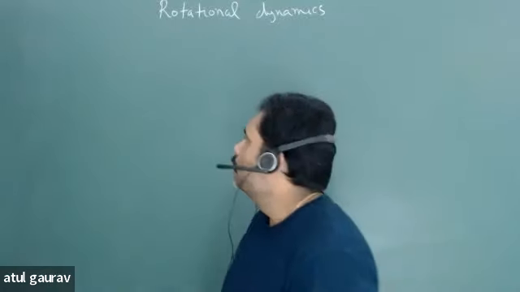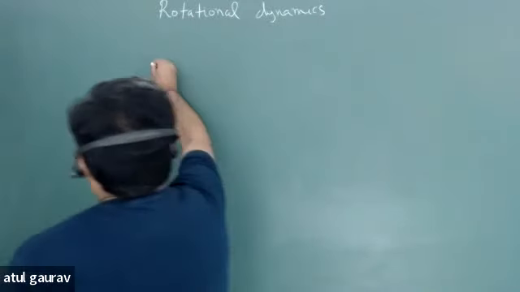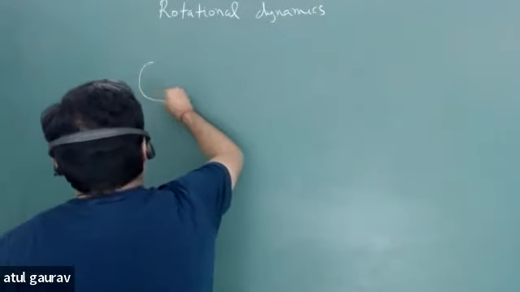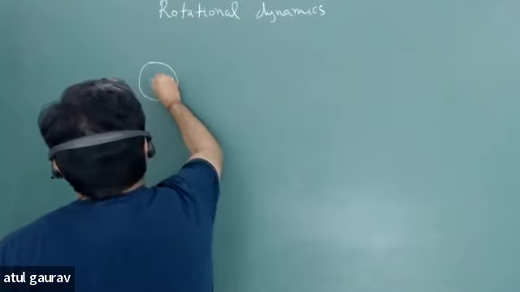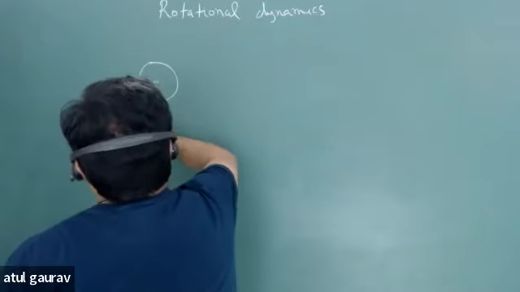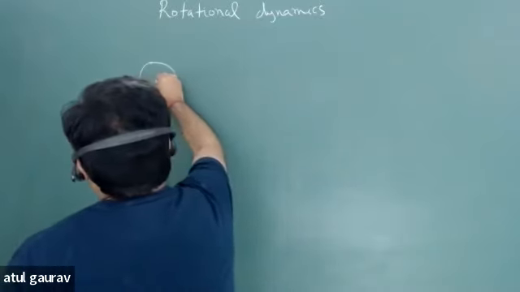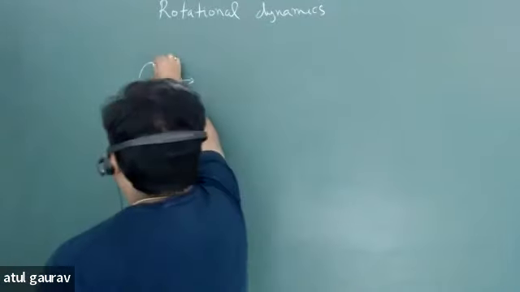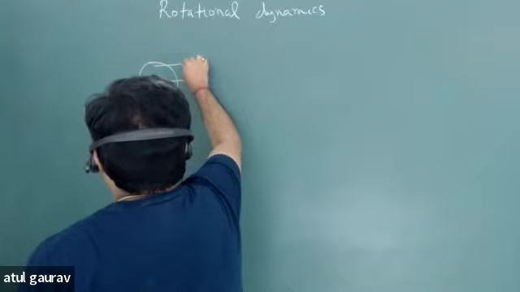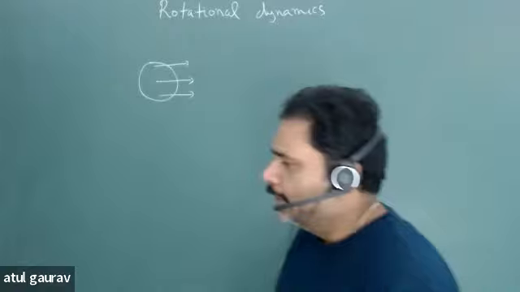Suppose we have some sphere. This is my sphere, and this is the center of the sphere, or center of mass. If there is only translational motion, then every point of this sphere will move with the velocity of the center of mass, isn't it?